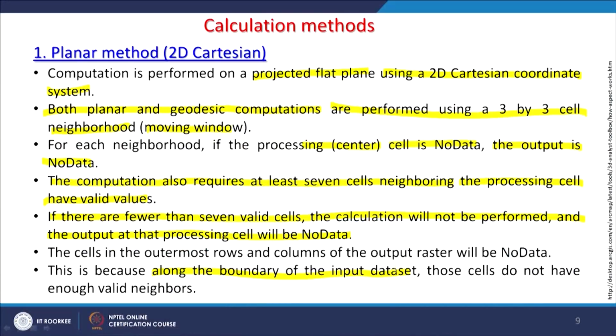Those cells along the boundary do not have enough valid neighbors. Because this is a neighborhood operation, a 3 by 3 kernel moves all around, but in the corners or the border area it cannot be done, because you do not get the required number of neighbors, and therefore the calculation cannot be done. This condition is true both in slope calculation as well as in aspect calculation.